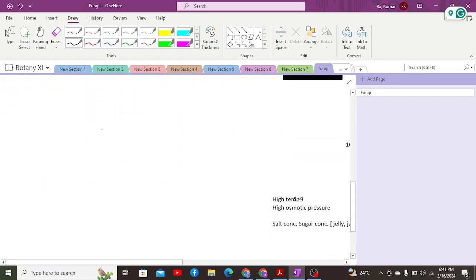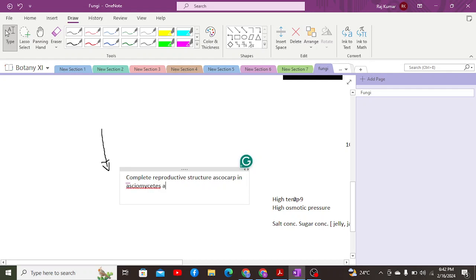These are fungi which develop their hyphae into a complete, giant reproductive structure, which is either known as an ascocarp if it is developed in ascomycetes, or a basidiocarp if it is developed in the basidiomycetes, right?